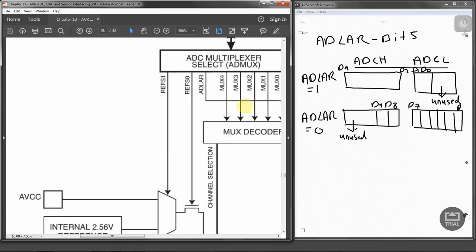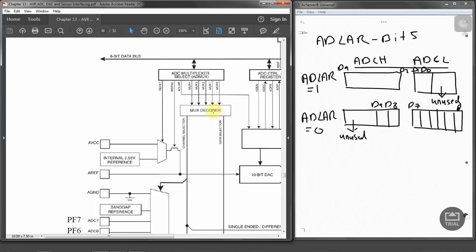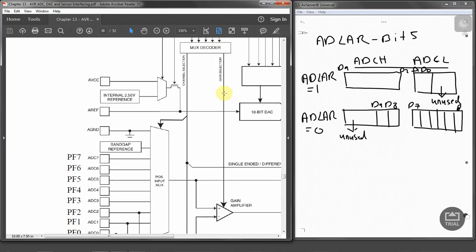Then we have got the MUX4 down to 0 bits. These represent the analog channel and the gain selection for it. This is going into the MUX decoder down to the analog channel, and it also specifies the gain for the amplifier if we are using differential inputs.